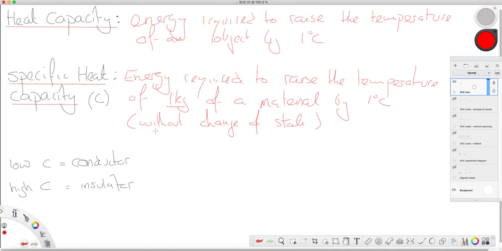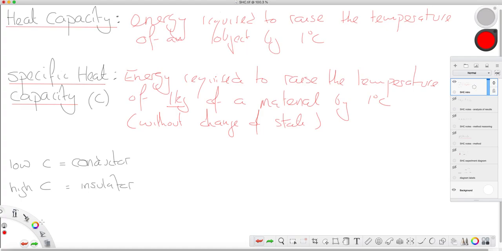So there'd be more energy required to raise the temperature by those 2 degrees than if it was either ice or water, but not changing. So that's the reason for the without change of state.